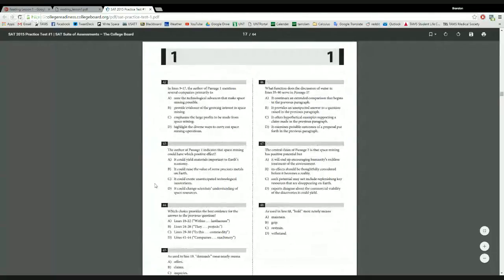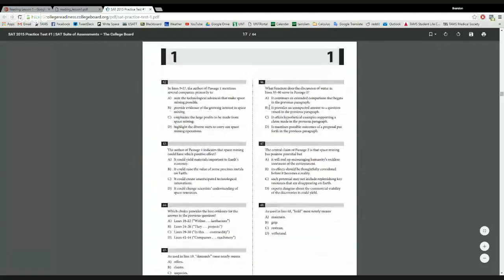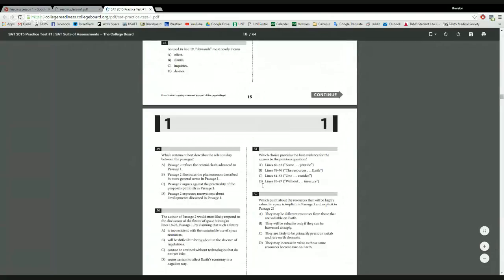So you should have marked 1, 1, 1, representing passage 1 questions. 35 to 40 is again passage 1. So all these are passage 1, as you can see, and then passage 2 you'd mark a 2, 2. And it seems like these are all referring to both, because the answer choices have 1 and 2 if they want to find a relationship between the passages, so we mark B, B, B, B.